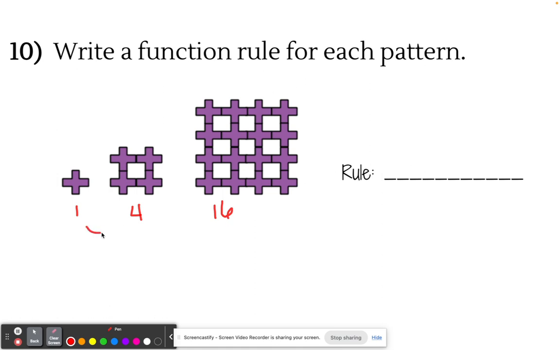So you can see that this is a times 4 pattern. My rule then would be f of x equals, what would be before this? What number times 4 equals 1? That would be 1/4. 1/4 times 4, my constant multiplier, to the power of x.